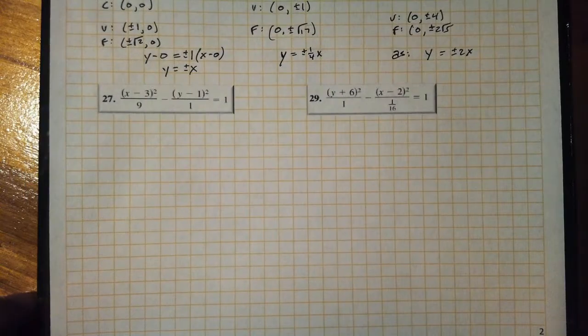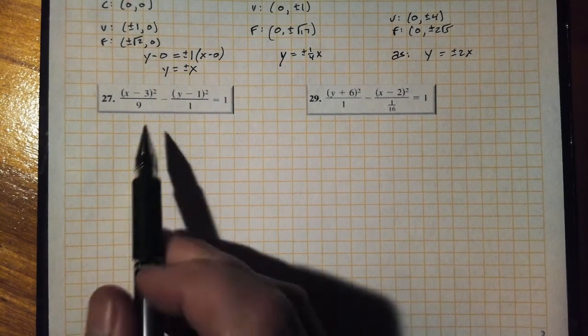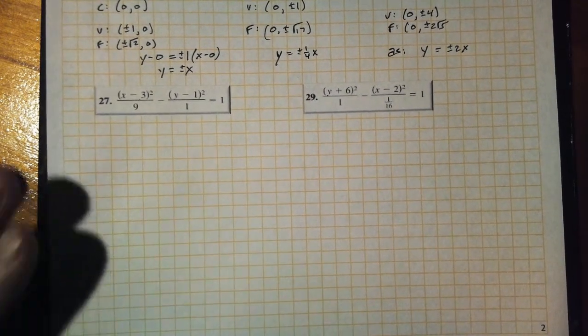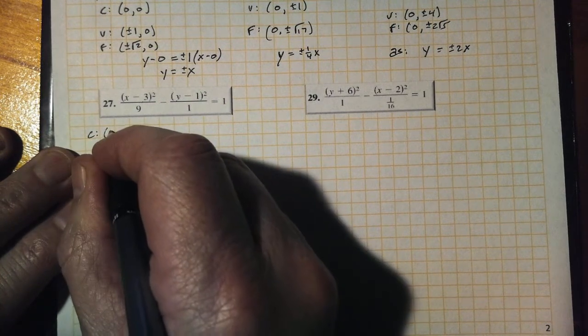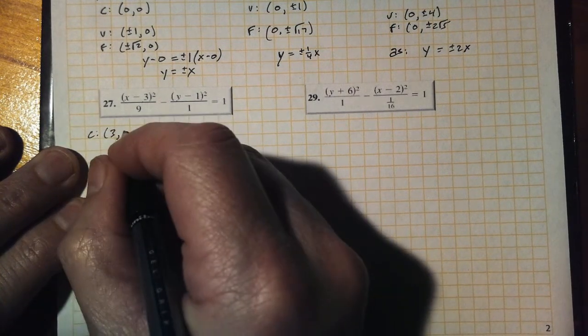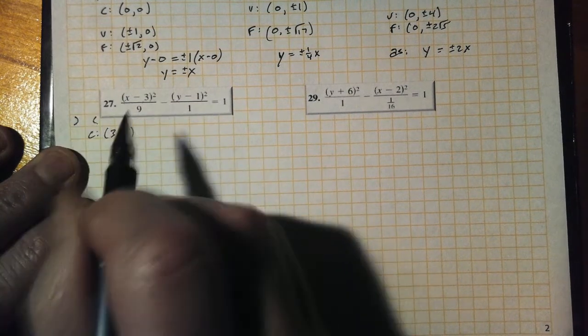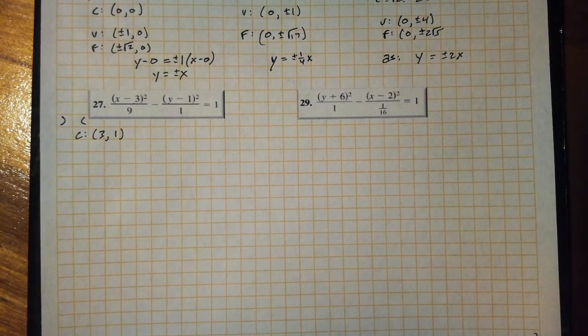Okay, a little more going on here, because now we're going to have to translate this 3 to the right and 1 down. So we've got a center of 3, 1. Oh, by the way, this is positive x squared. It opens right and left. One of the 5 things we need to know.